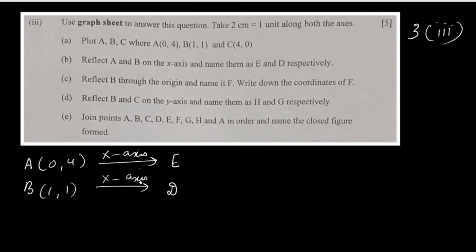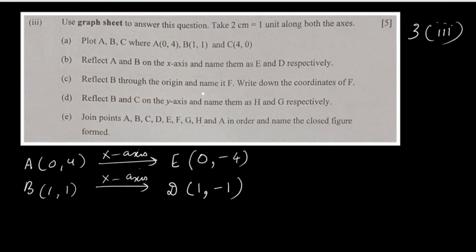After reflection on x-axis, x will remain same, y will change. So E is 0, -4 and D is 1, -1, because x-axis reflection we are doing. So x will remain same, y will change. So the names we have to write as E and D.